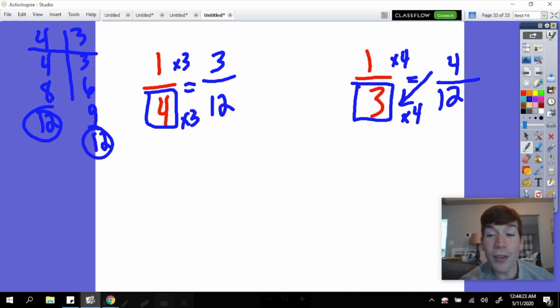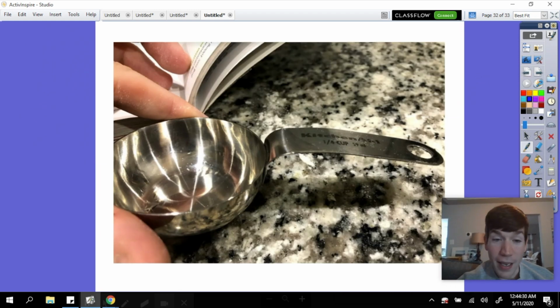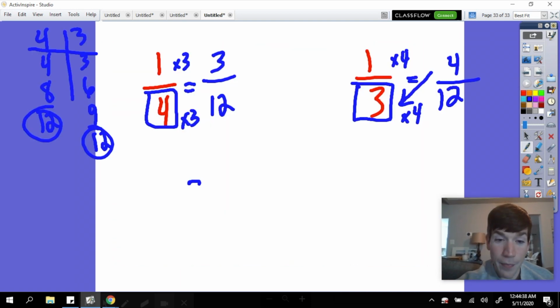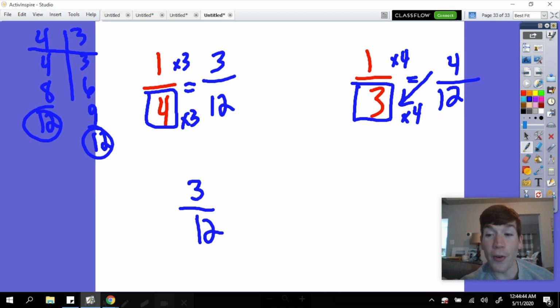If I were to take 1/4 cup, so this cup right here, and I would completely fill it up to the top rim, to the very top, that would be the same as 3/12. But we don't need 3/12. We need a third, which is the same as 4/12.